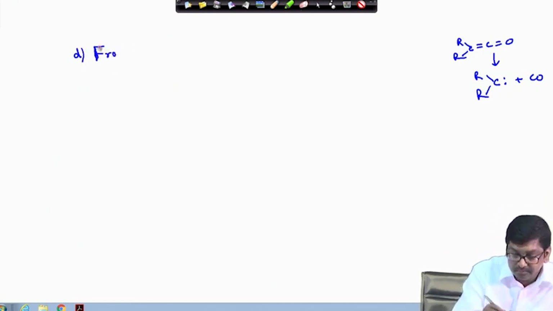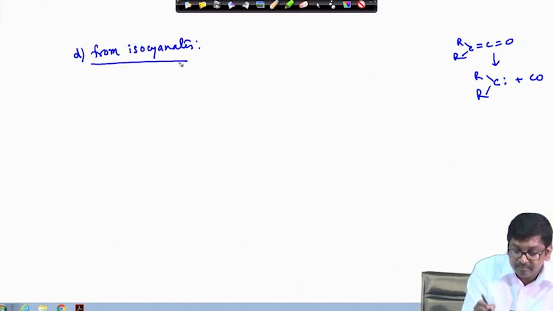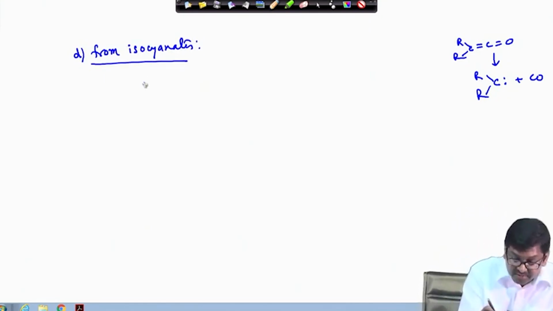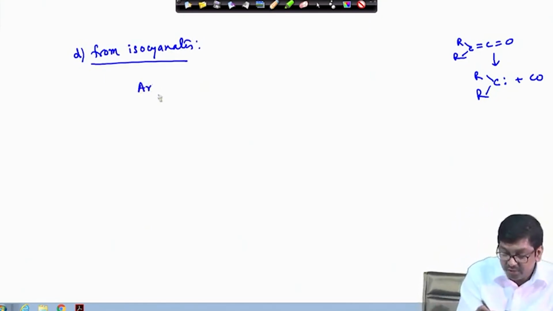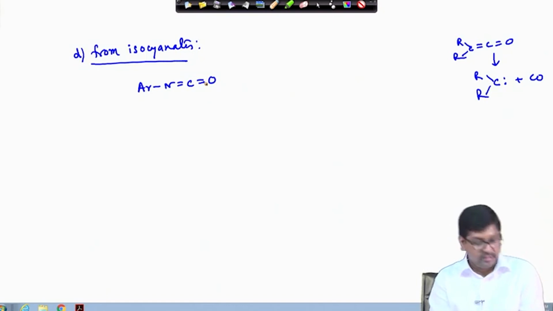So, from isocyanates. Isocyanates means the structure, if you think about the ketenes, then isocyanate is this.